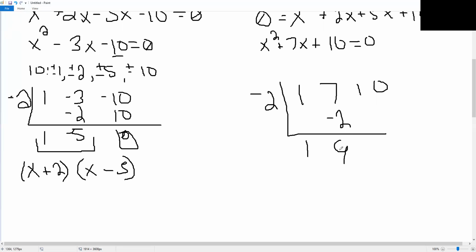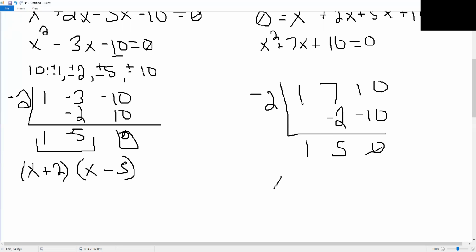This doesn't seem to be working. Oh, wait, my math is wrong. So 7 minus 2 is actually 5. And -2 times 5 is -10, because there's a negative on this 2. That gives us 0. So that one worked also.